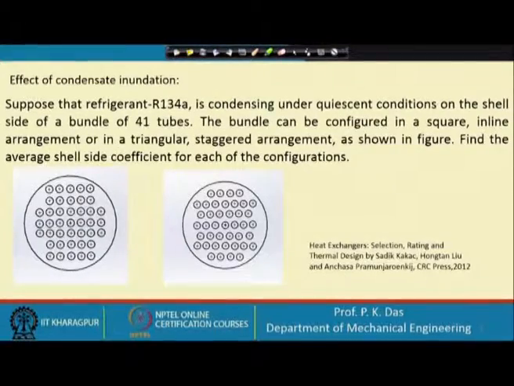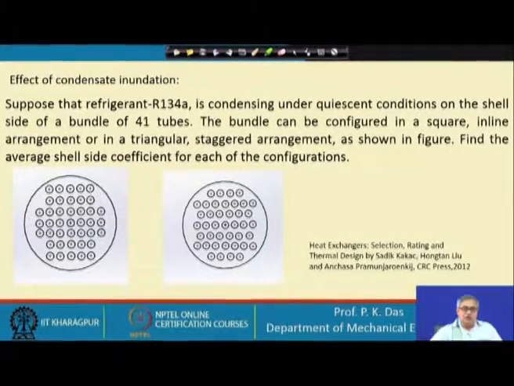Here all the tubes will take part in condensation, but the condensate from the tube above will fall on the tube below, and that will thicken the condensate film of the tube below, which will diminish the rate of heat transfer.